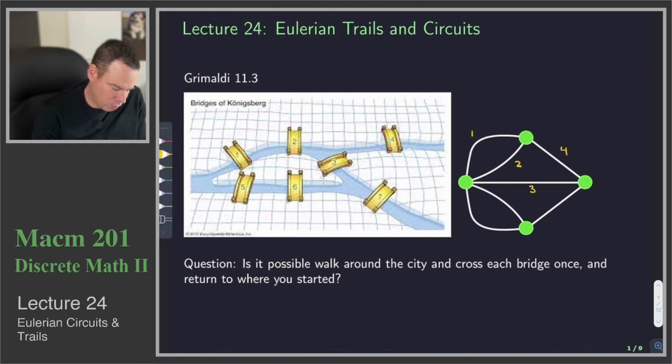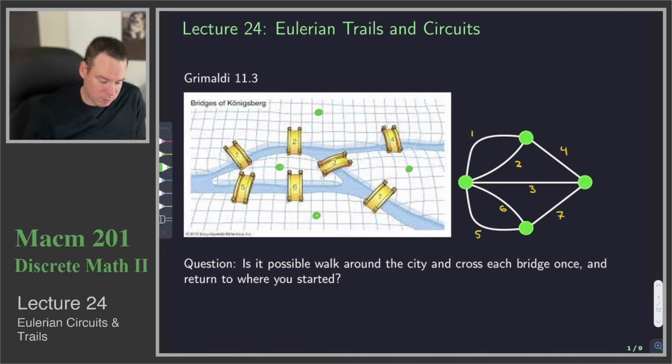This was bridge 3, bridge 7, bridge 6, and bridge 5. And those vertices are representing these land masses. So we've got an abstract representation of this problem using a graph. And so that's where graph theory comes in.